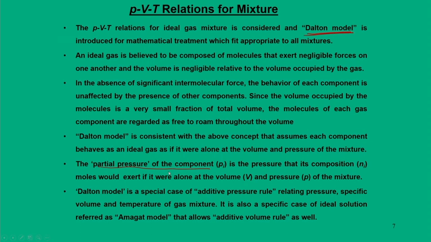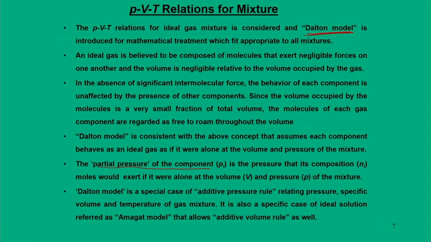So, he defined the partial pressure of the component, Pi, as the pressure that its composition, Ni moles, would exert if it were at volume V and pressure P of the mixture.